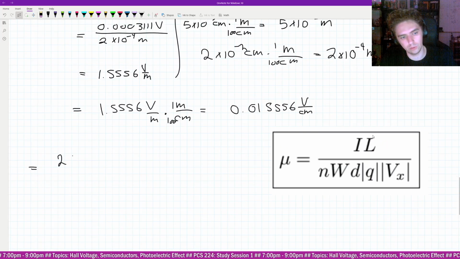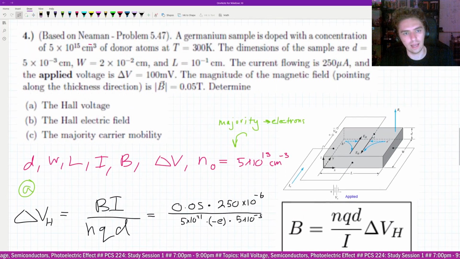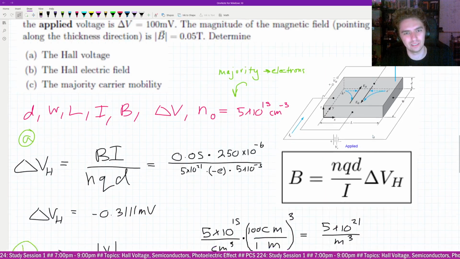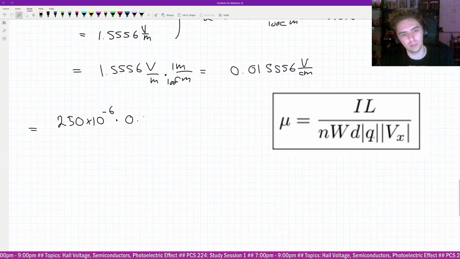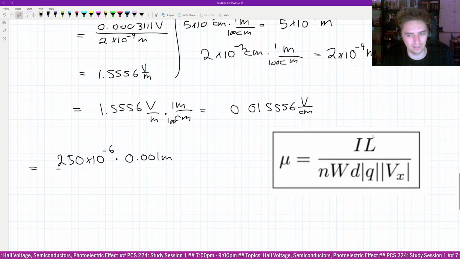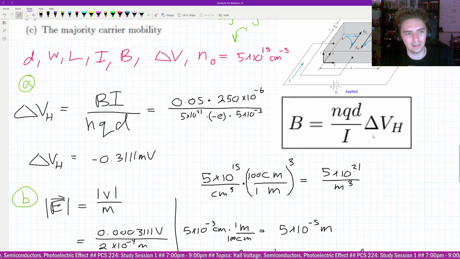So 250 times 10 to the negative 6 amps times L. L is 0.1 centimeters, which is 0.001 meters. Okay. Unit conversions.